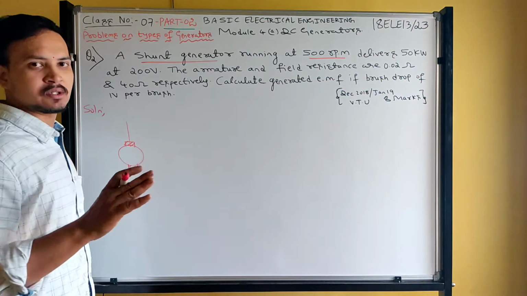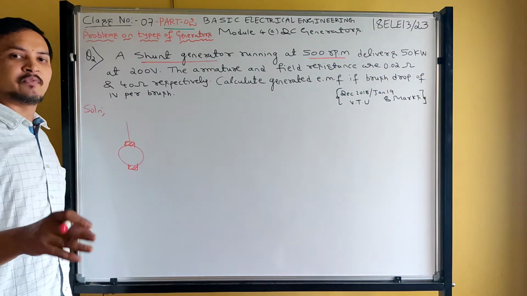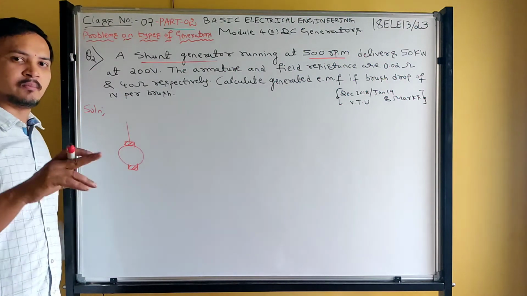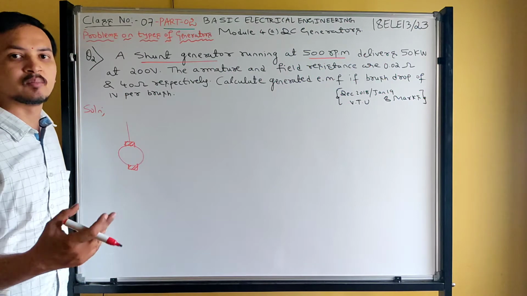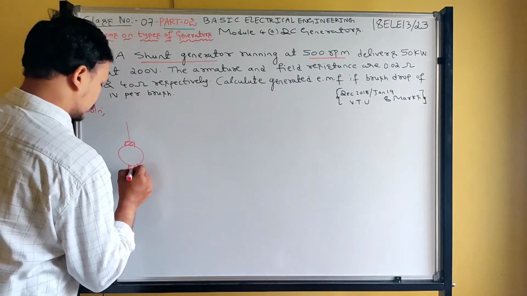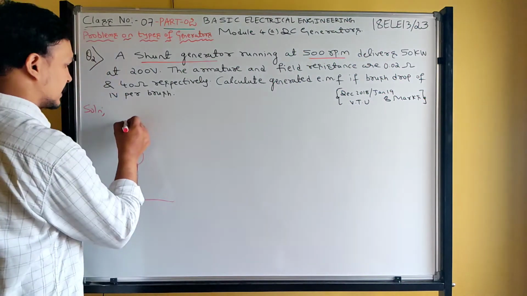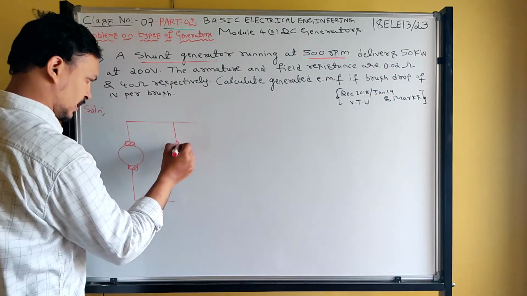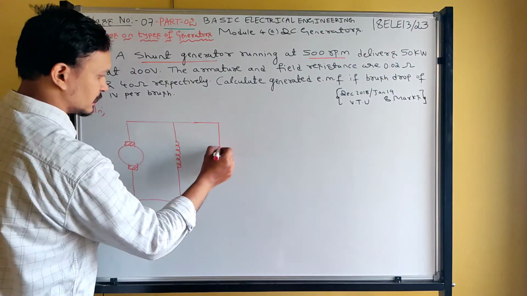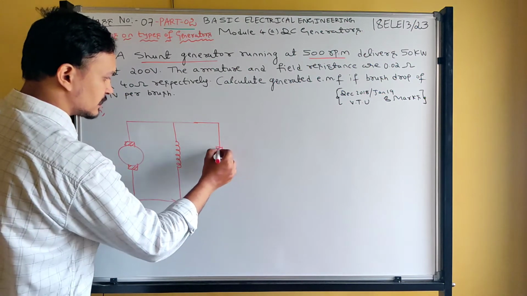If wave winding, you take 2 brushes only. In lap winding, you can take brushes as minimum 2, maximum number of brushes is equal to number of poles. Okay. So now, DC shunt generator. The shunt field winding connected across the armature is called shunt generator.